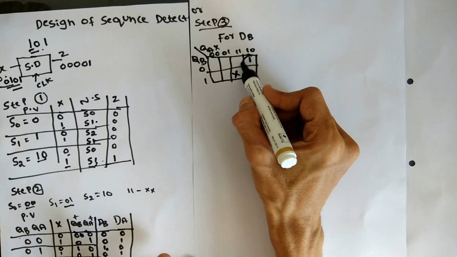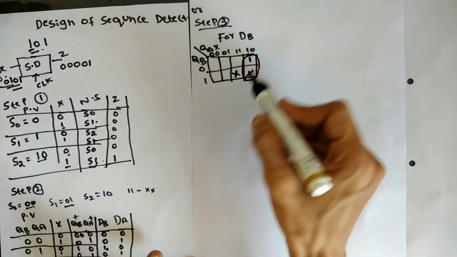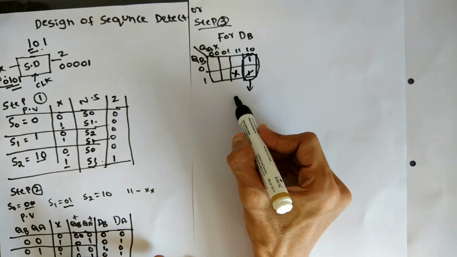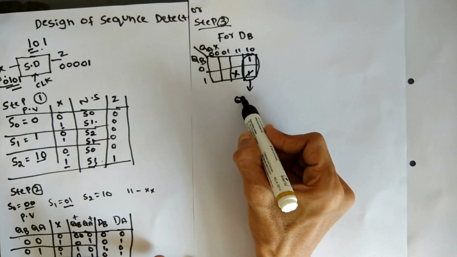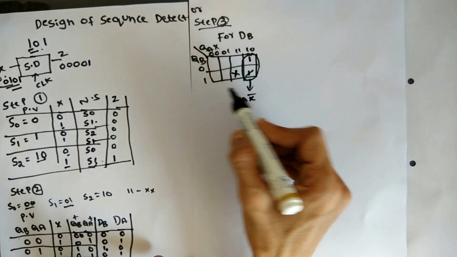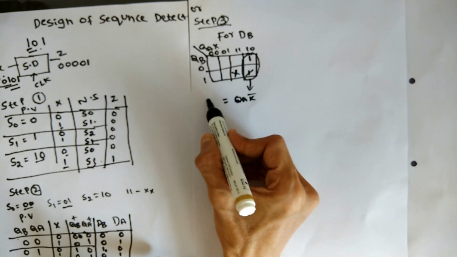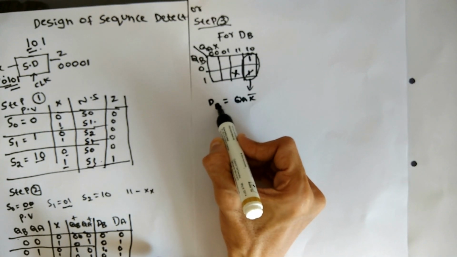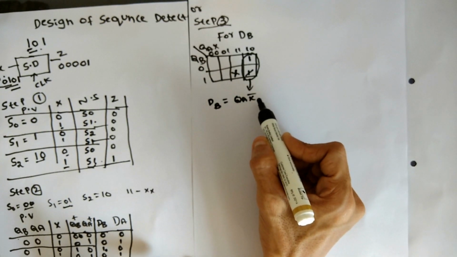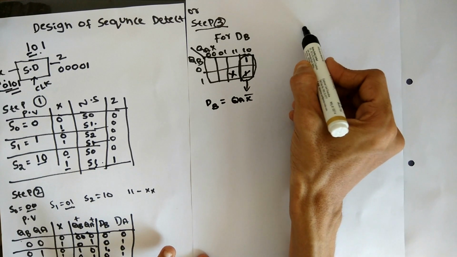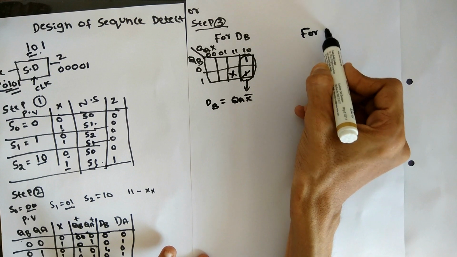So we can do the grouping something like this, the last one X, and here the 1 0 present of QAX, so we can write it as QA X bar, and QB present in both 0 1, so it cancels out. So we will get DB is equal to QA into X bar. Similar way we will go for the next one, DA.